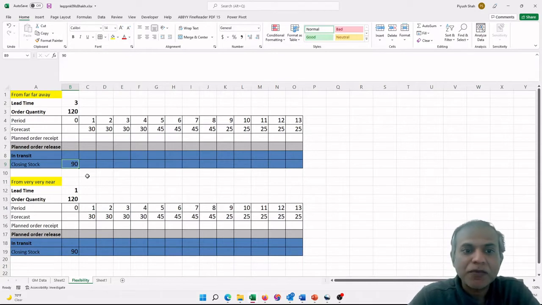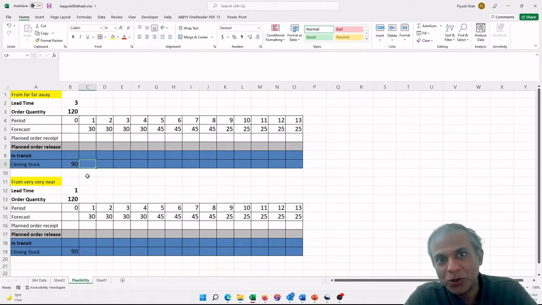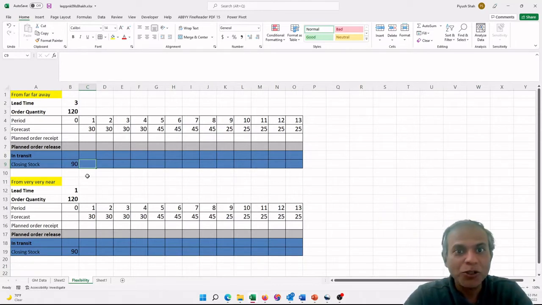Now let's create the sheet, let's create the model and the formulas so that our life is easy. So first is the formula for closing stock. Closing stock is previous closing stock plus what I get minus what I use up. All right. So what I had is the closing stock. What I get, those two make the total stock, minus what I use up is what goes out of the system. So what gets left is the new closing stock.